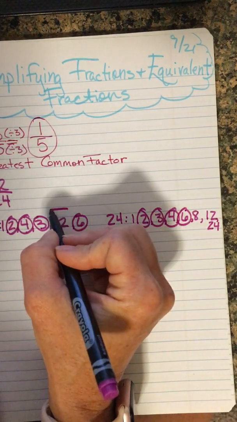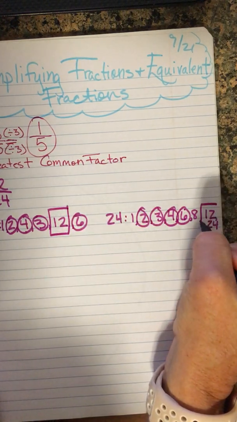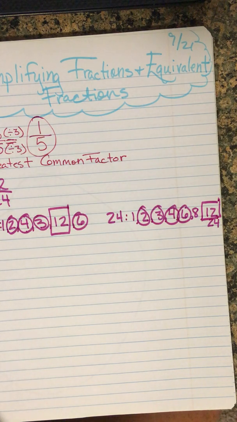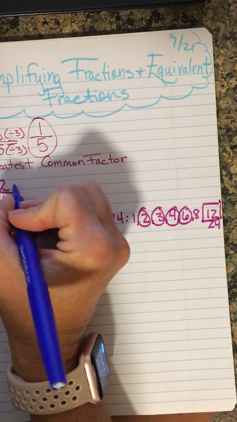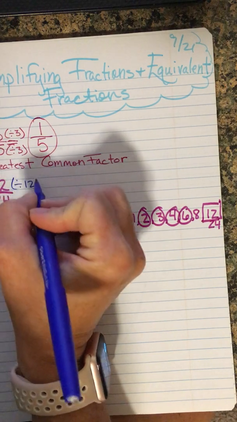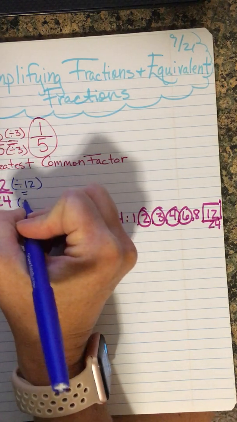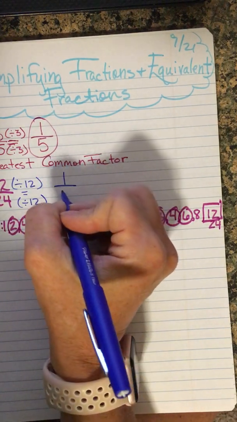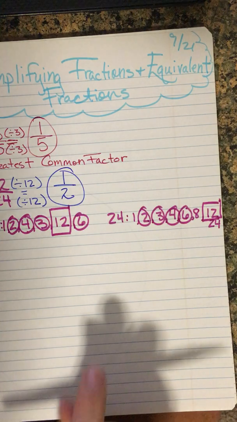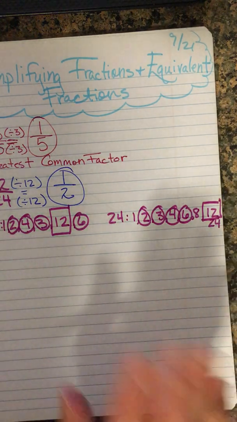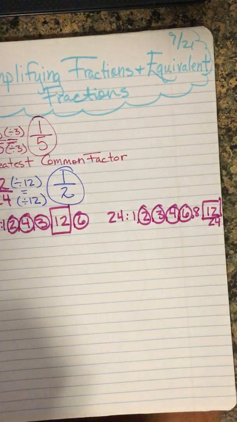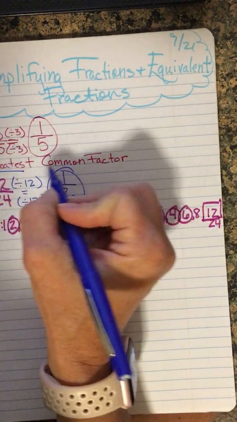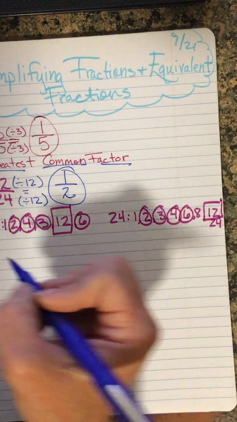What I'm looking for is this 12. The 12 is your greatest common factor. This is going to get it done with one shot. So I can divide 12 by 12 and 24 by 12 and reduce it to 1/2, and I'm done. If I went with 2, 4, 3, any of those other numbers, I would have to reduce several times to get it to simplest terms. So make sure you're using the greatest common factor so you're not doing a whole bunch of work.